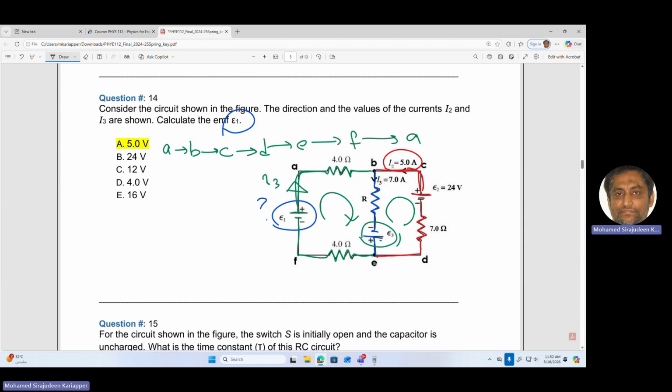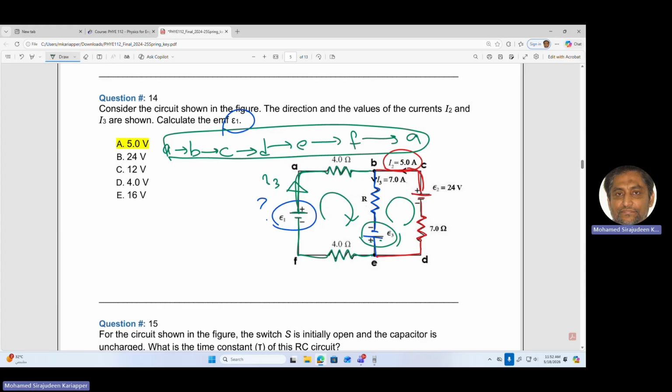So in this question you have to apply the junction rule to find I3. After finding I3, you apply the loop rule for this big outer loop and find E1. Because E1 will be the only unknown once I know I3. There are no other unknowns when you go around.